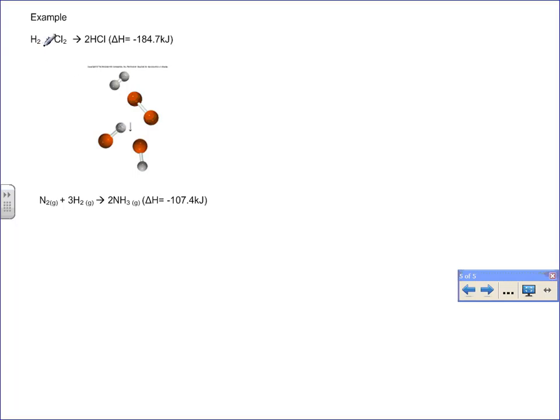In this balanced equation, I require one hydrogen molecule, so I'm breaking one H2 bond, and I'm breaking one bond in a Cl2 molecule. For the HCl, there are two of them, so I am forming two HCl bonds.